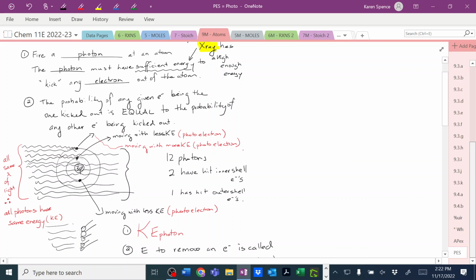The more bashes into a detector at a particular energy, the bigger the signal. That's the intensity, the bigness of the signal. So the more bashing at a particular speed into the detector, the bigger the signal. Yes?